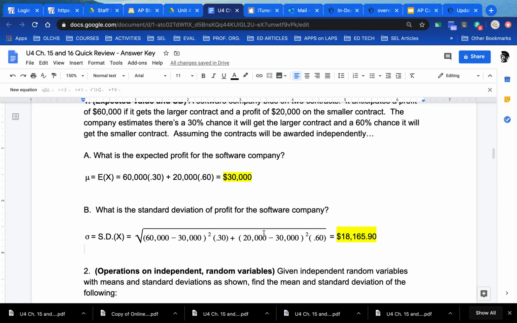And then you add, again, the amount minus the expected value, that quantity squared times its probability, and then you take its square root. Now, this is just in general. If you see a problem that fits what's called a geometric or binomial model, there are specific formulas for their expected value and standard deviation that are different than this, but this is the nuts and bolts of what this concept means.